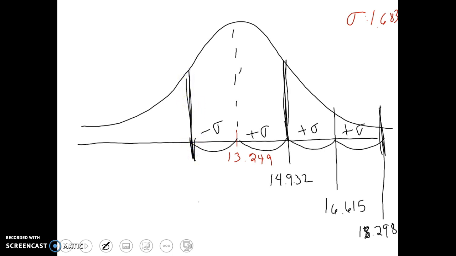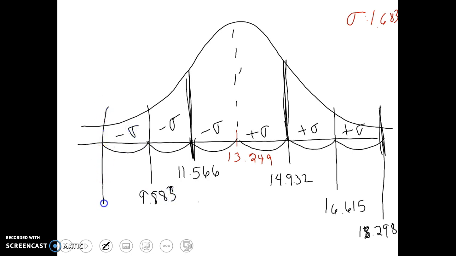If we subtract 1.683 instead of adding, we get 11.566. If we subtract another standard deviation, we get 9.883. And then if we subtract a third one, we get 8.2.